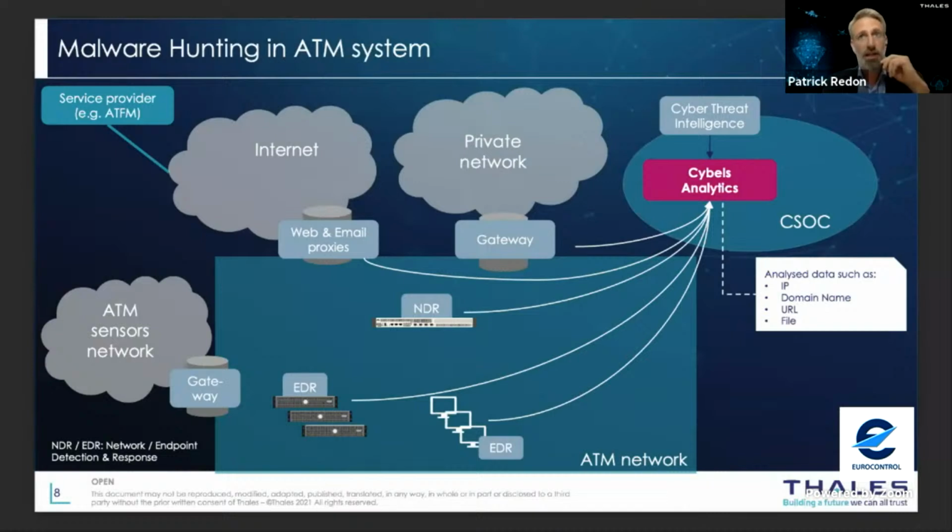Cybers Analytics is our core product for this kind of investigation, mixing detection and hunting capability, also with artificial intelligence. For the capability mixing artificial intelligence today, the main data used are IP addresses, domain names, URLs, and files.